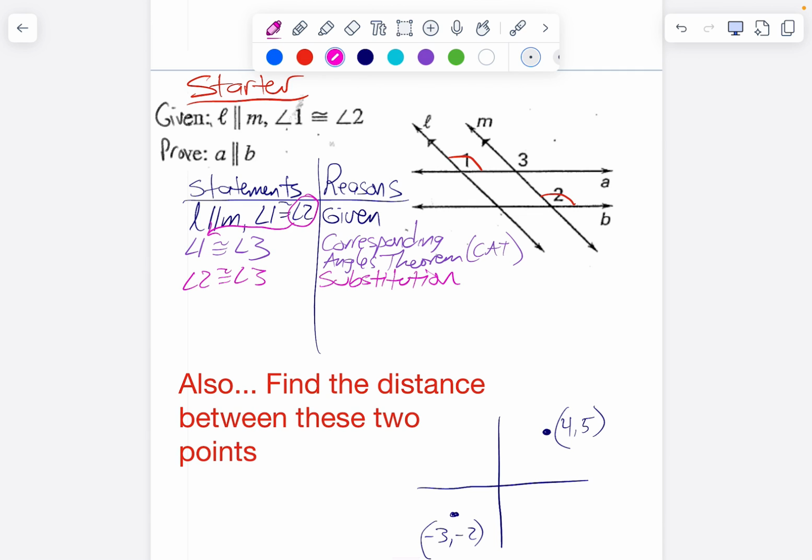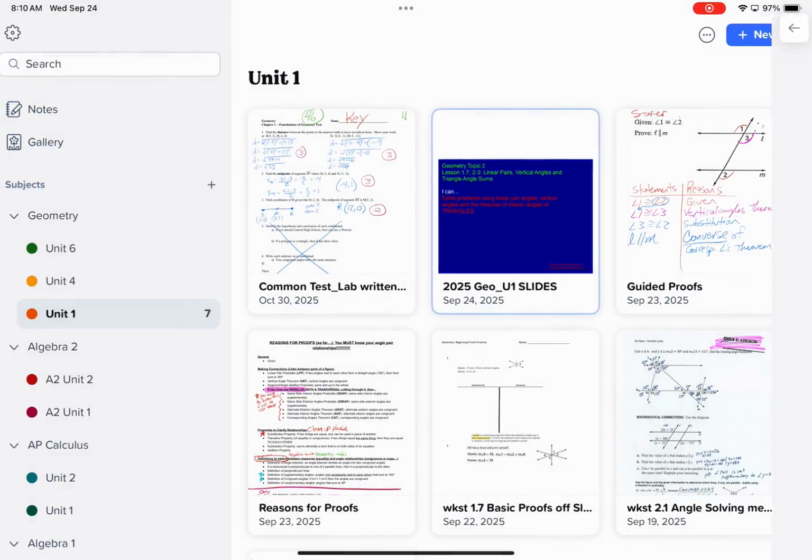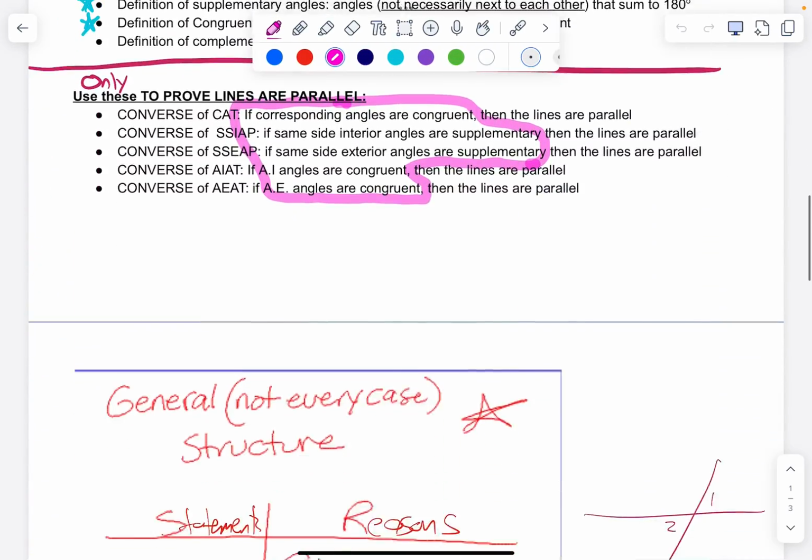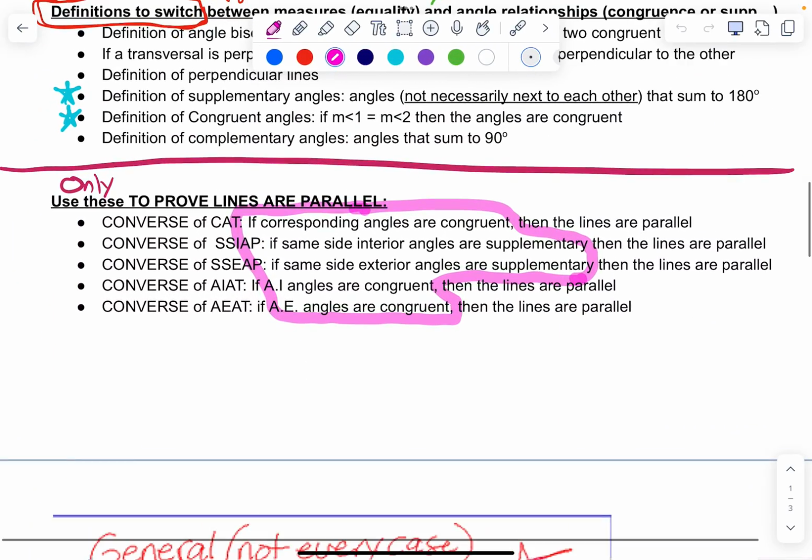So we can use what? Just to remind you that to prove parallel, these are the only 5 ways we can do it. And so something in this pink circled thing has to be proven a different way. And then once it's proven, we can say then the lines are parallel.